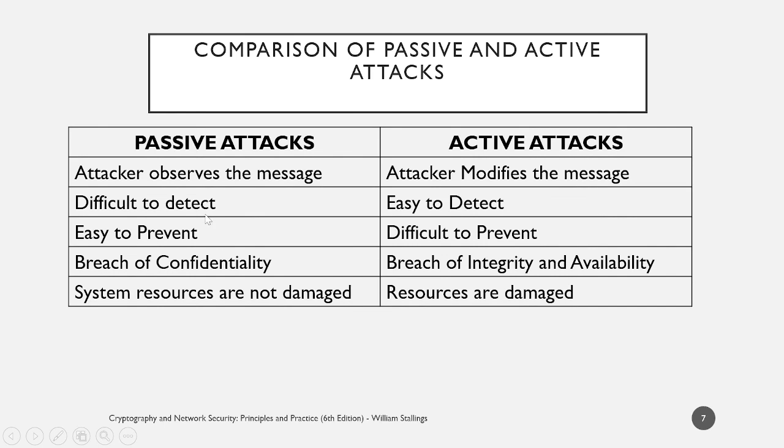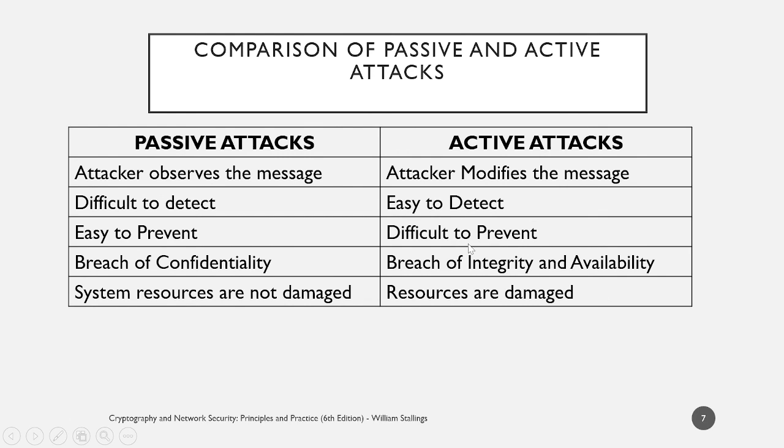The second comparison is with respect to detection. A passive attack is very difficult to detect because there is no change or modification, whereas an active attack is easy to detect since there are active modifications. On the other hand, in passive attacks, prevention is easy, but in active attacks, prevention of the modification of messages is very difficult.